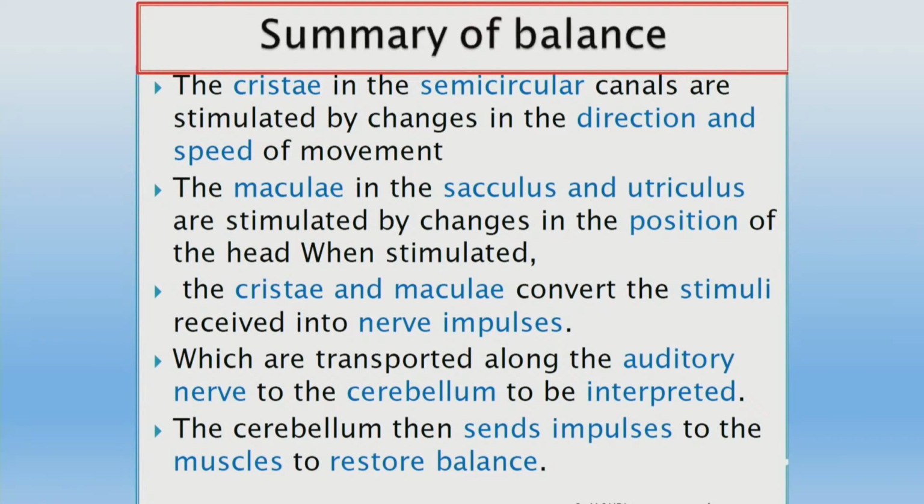When stimulated, the cristae and maculae convert the stimulus received into a nerve impulse, which is transported along the auditory nerve to the cerebellum to be interpreted. The cerebellum then sends impulses to the muscles to restore balance. So please make sure that you drill this process, which is the summary of balance.